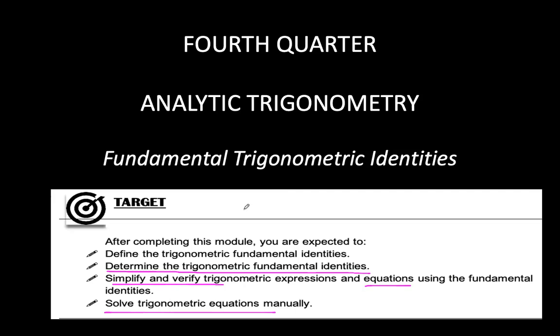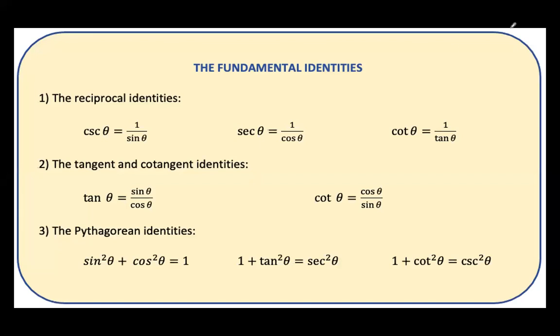Okay. So let's start with the fundamental identities. Now, some of these were already discussed, especially, for example, the relationship between cosecant and sine theta, the secant theta and the cosine, and the cotangent and the tangent. Now, na-mention ko na to before, and we already identified these functions as inverses or reciprocal.